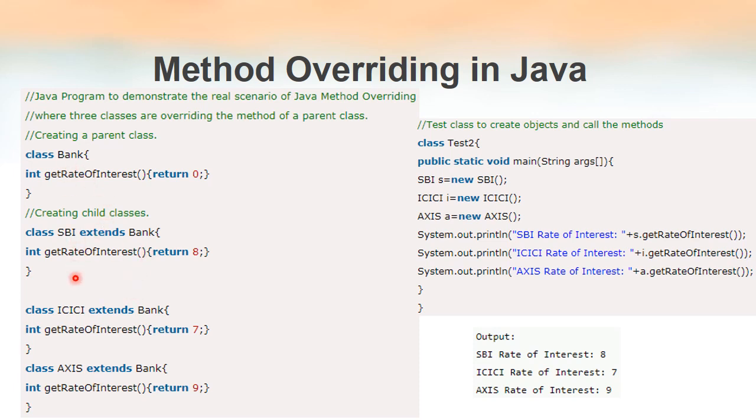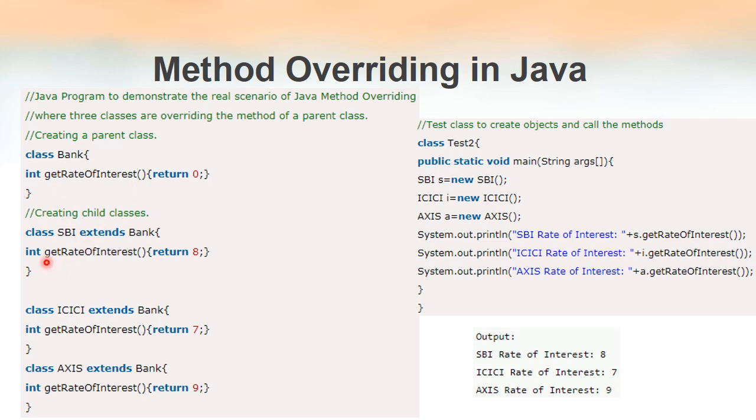So by inheritance this method will be available inside all these three classes. But if we don't override this method, the rate of interest for all these three banks will be the same, and that will be 0 in this example. But that is not what we want, because each of these banks is giving a different rate of interest. So we need to override this method.